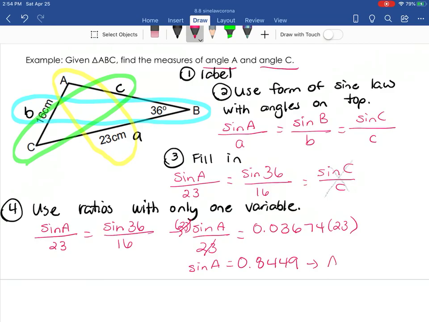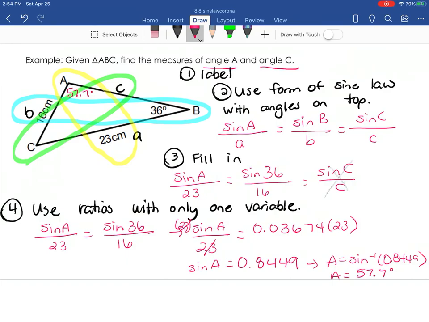Now we're at a step like we did with SOHCAHTOA, where you have to solve for the angle A, so that would be inverse. So sine inverse here, and you get 57.7 degrees.